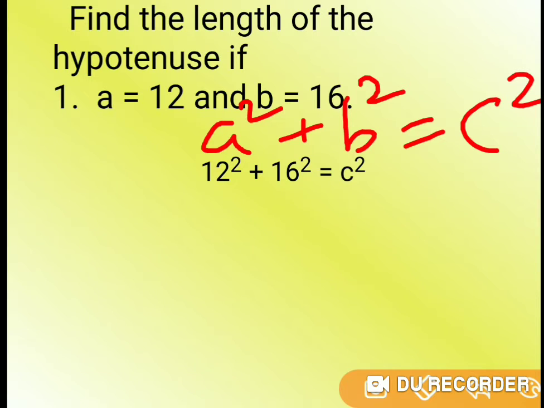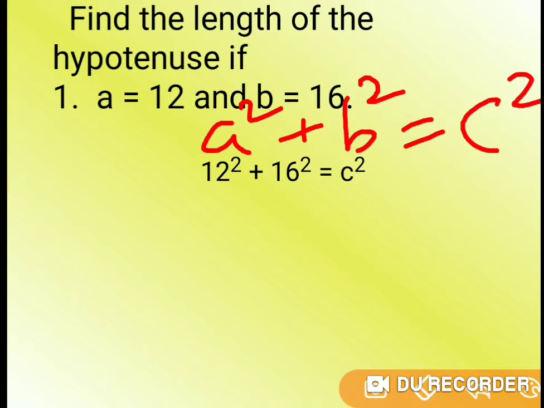So when you use this rule given by Pythagoras, A and B are perpendicular sides, C is the hypotenuse. In our question, the lengths of A and B are given. A is 12, B is 16, C you need to calculate.